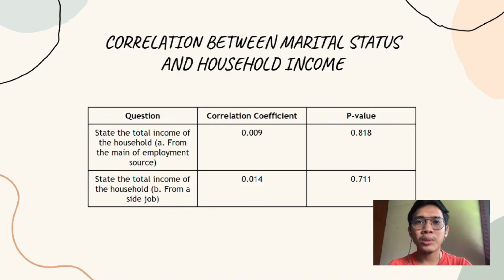For question 2, p-value 0.711 shows there is no significant difference between marital status and head of household income from a side job. Besides, correlation coefficient value 0.014 shows there was weak positive interaction between the marital status and head of household income from a side job.